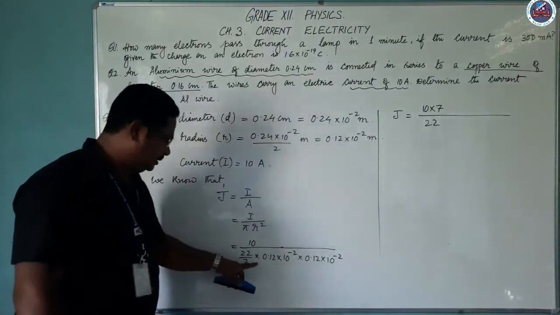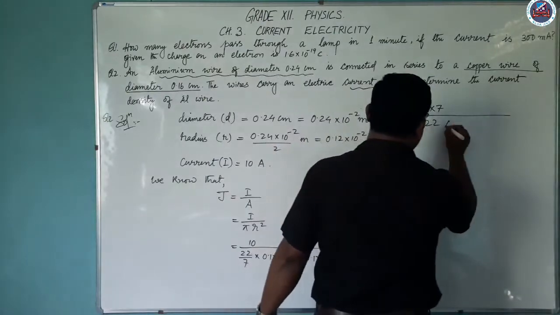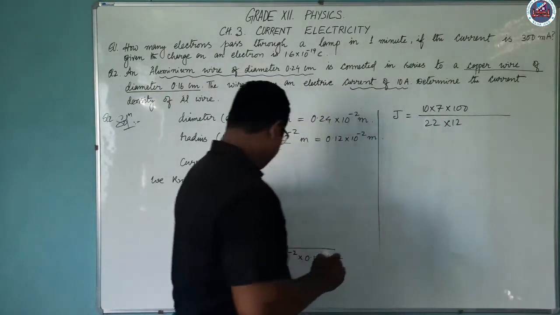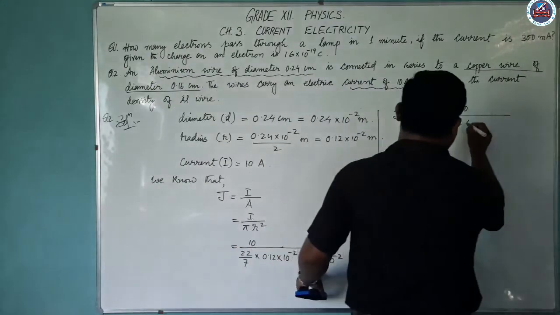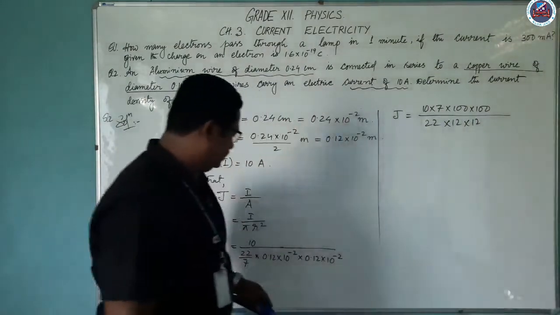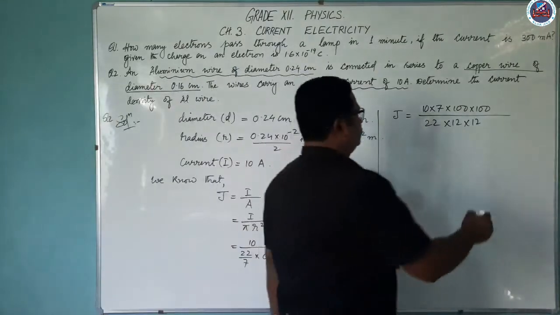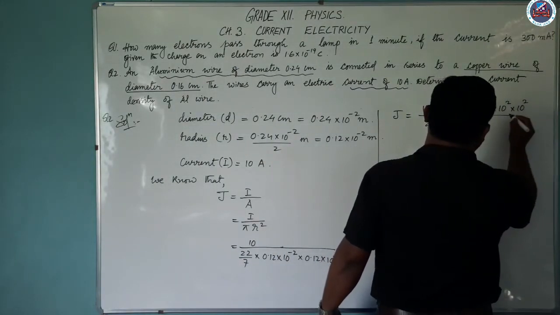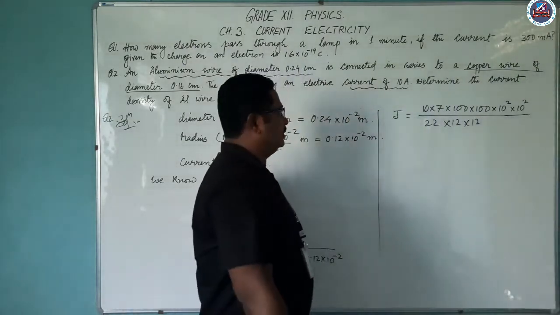Then this one 0.12, I'll write only 12. Decimal 2 digits, so multiply by 100. Then again this one 0.12, I'll write here 12. Then here again I'll multiply by 100. Then this 10 power minus 2, 10 power minus 2, lift it up, then it will become 10 power plus 2, 10 power plus 2. Then it will become easy for you to calculate.